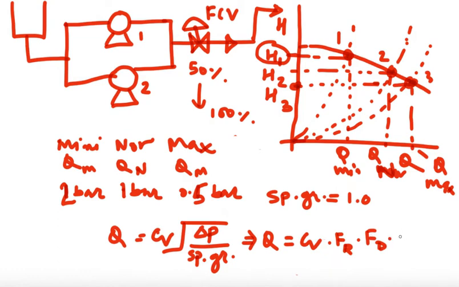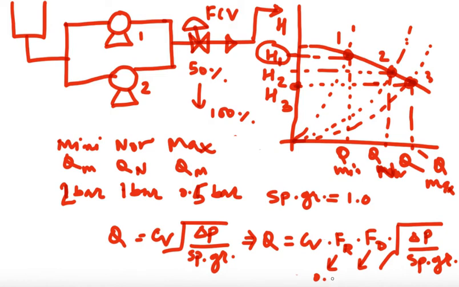So these are two major factors. So delta P over specific gravity. If our recovery factor is 0.8, I think 0.8, and this is 0.3 or 0.4. You can take like this. It can be 0.6 to 0.8, 0.3 to 0.4.